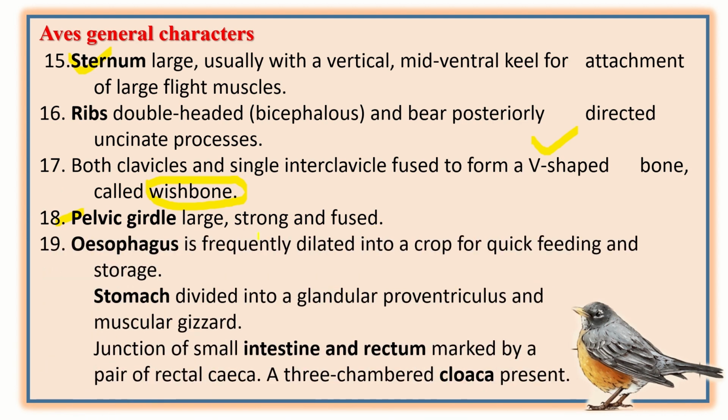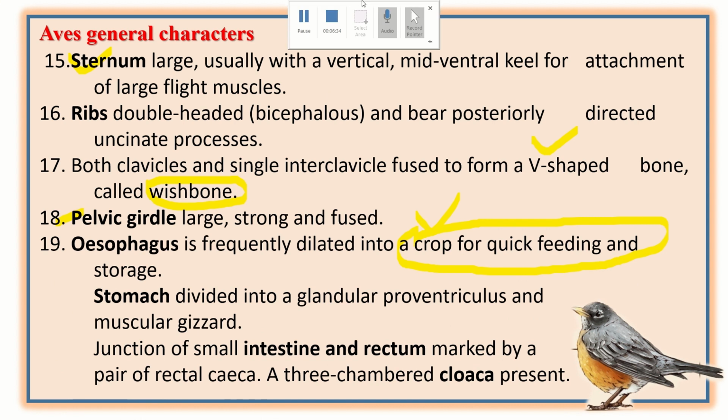Esophagus is frequently dilated into a crop for quick feeding and storage. Stomach is divided into two parts, a glandular proventriculus and a muscular gizzard.